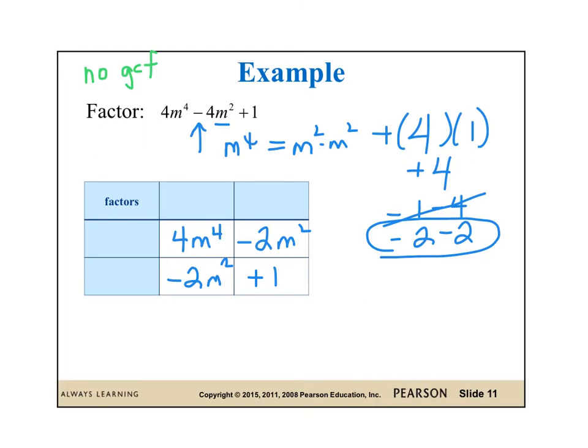And so now we're all the way to the stage of greatest common factor. 4m to the fourth and 2m squared. Well, 2 goes into 4, and m squared is the greatest common factor in both of those. -2 and +1 have nothing in common but 1.